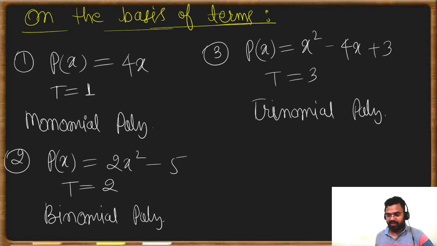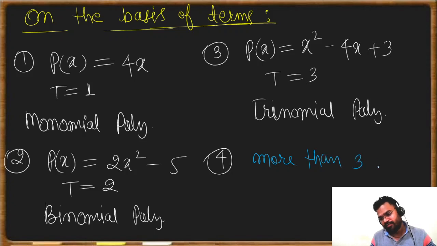Got it? A polynomial which has more than three terms is known as a polynomial. What is the meaning of polynomial?